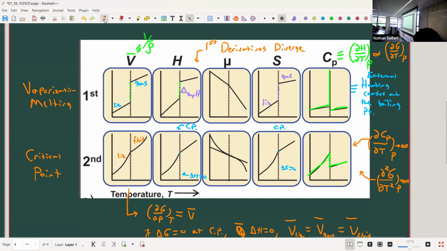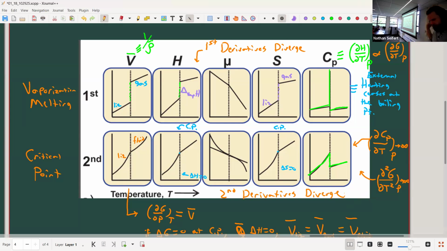And in the second order phase transition, second derivatives diverge. Okay, so that's the key difference between the two, is that the things that are proportional to the change in the energy of the heat with respect to the independent parameters diverge at the transition point. That's a first order phase transition. Things like heat capacity.